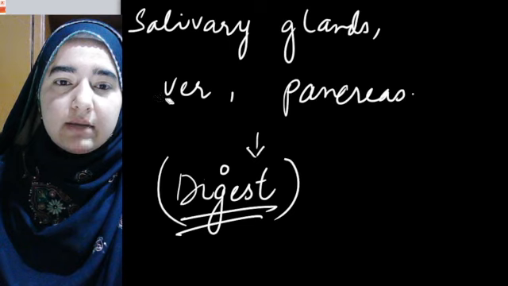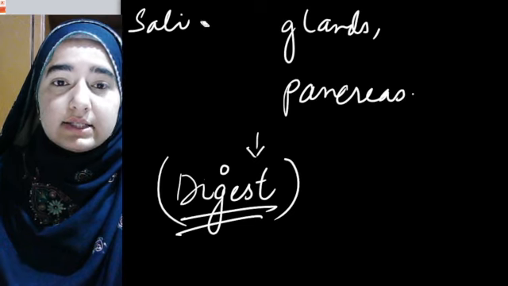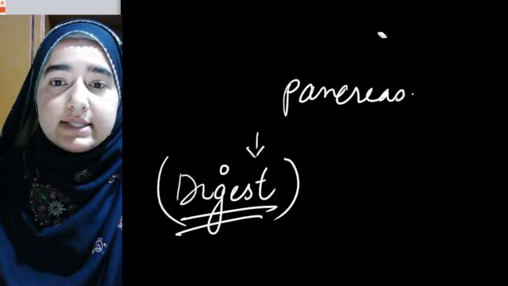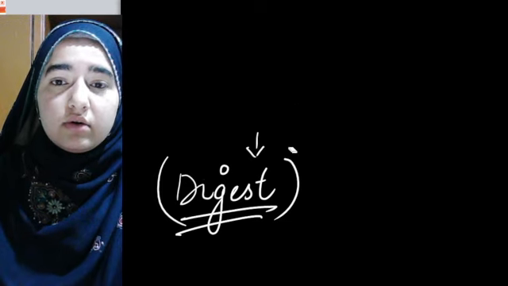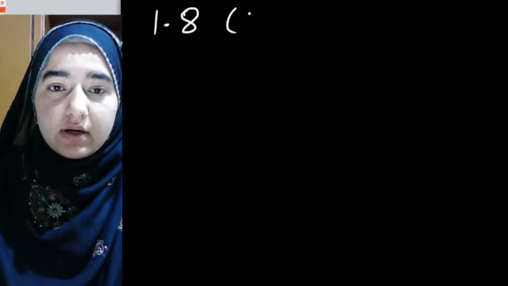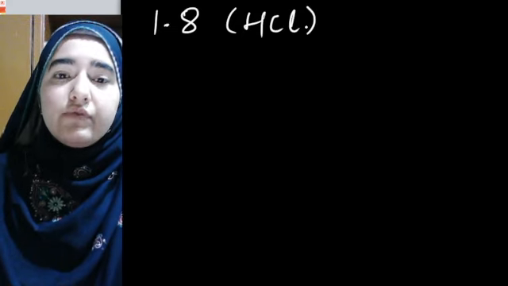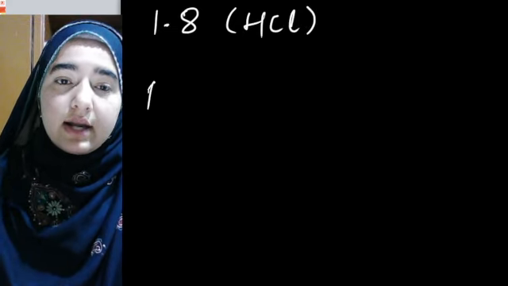Then we studied about the stomach, that in the stomach we have HCl, hydrochloric acid, whose pH value is 1.8. We learnt about renin.